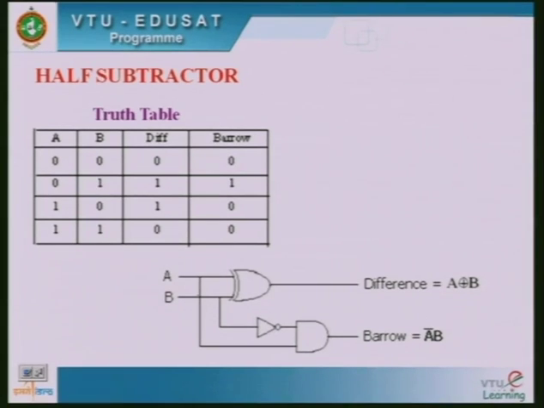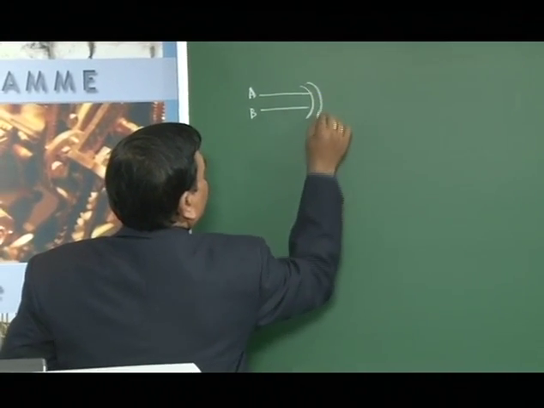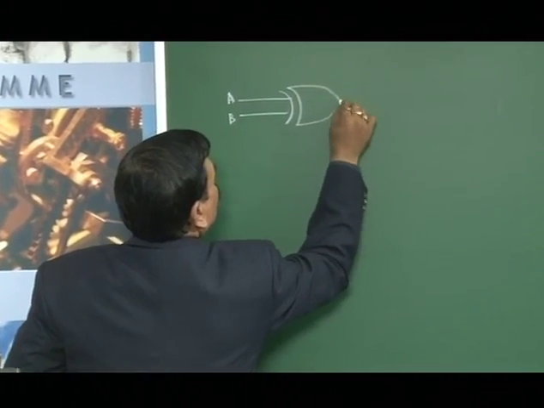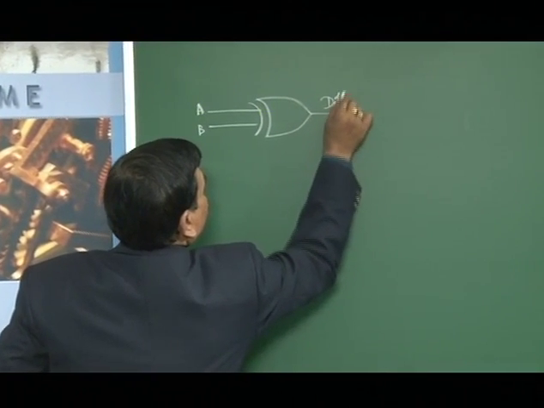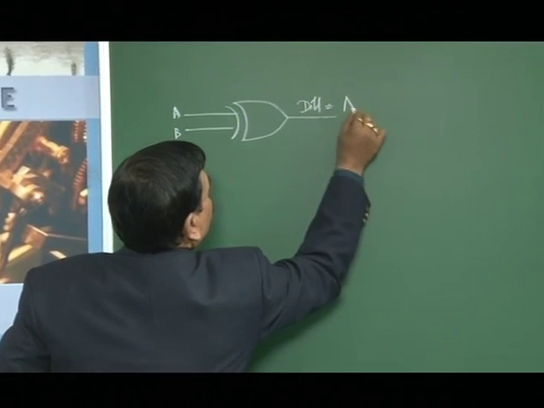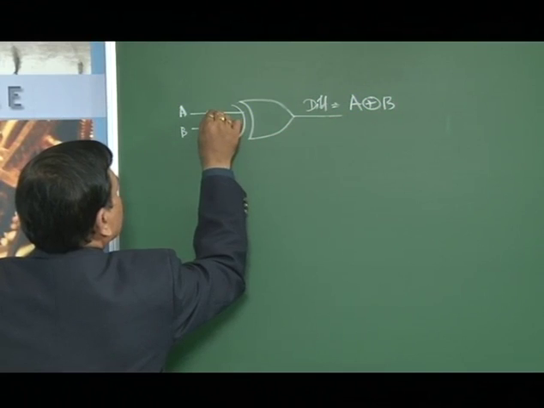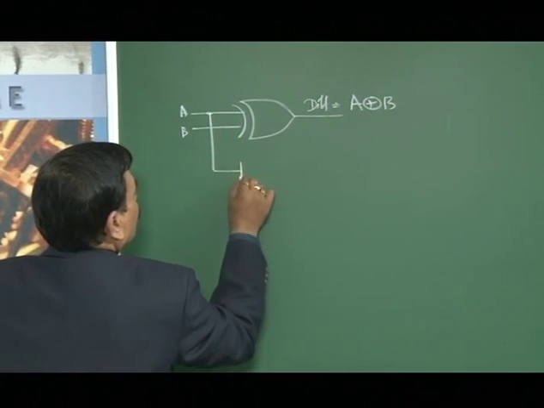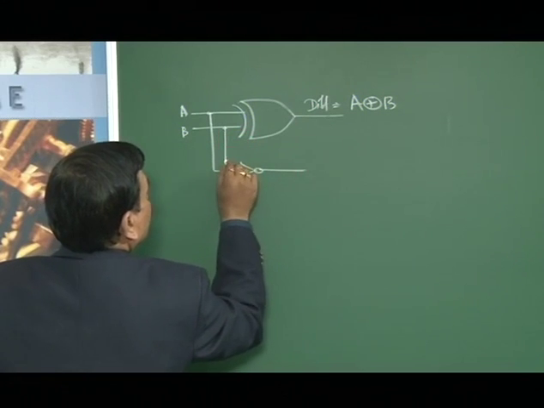So these are the A and B values, and the XOR gate is connected here. The final value is the difference, equal to A exclusive-OR B. From A we need A bar, so a NOT gate must be added, and B must be taken as it is.